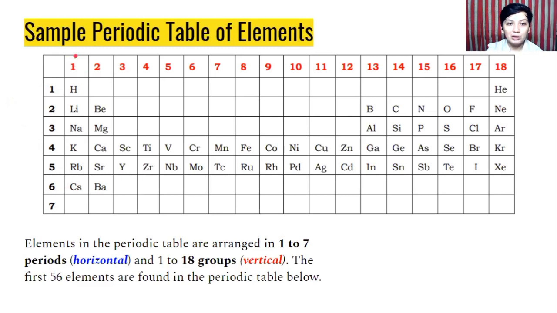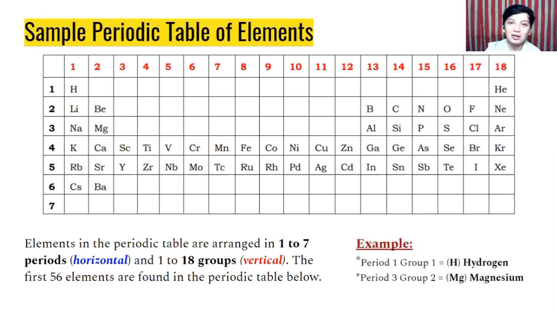So we see here that we have 18 groups. We have 18 vertical columns of squares here. Those are the groups. We have 18 groups, as you can see. So do not forget that we have 7 periods and we have 18 groups.